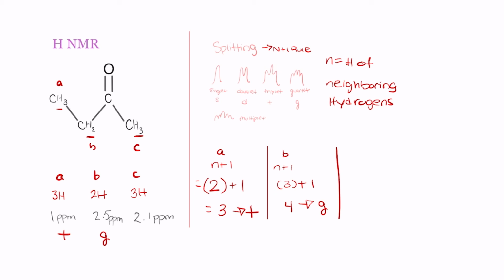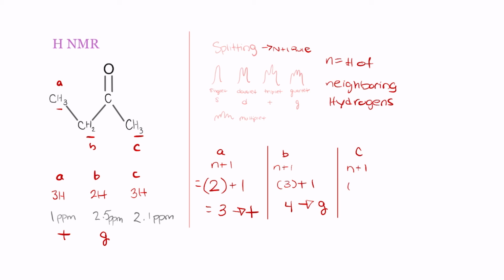Now what about signal C? Take a moment to try signal C on your own. For signal C, we're going to look to our neighboring carbons. So if we look here, we have 1 neighboring carbon, and we can ask ourselves, how many hydrogens does this neighboring carbon have? It has 0 hydrogens, and therefore our N value has to be a 0.